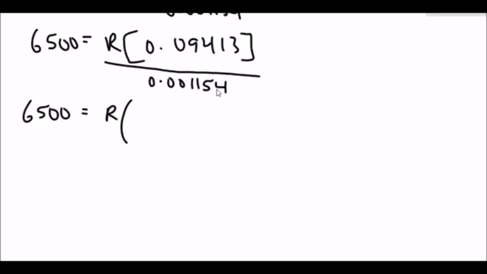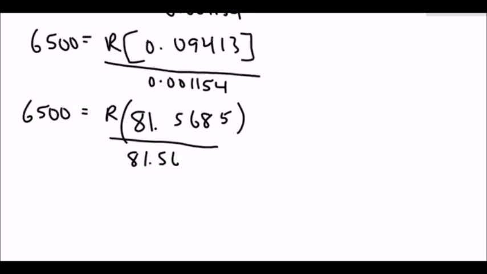Good. So I get 81.5685. And so if I want to solve for R, I just need to divide by 81.5685 because that'll isolate R, and I'll know what her regular biweekly payment needs to be.